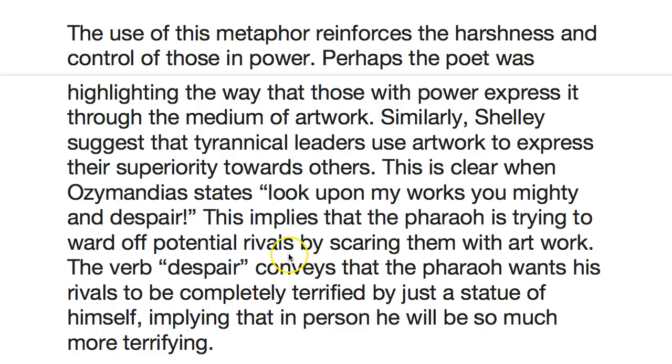So again, this is thoughtful rather than convincing in the top band. "The verb despair conveys that the pharaoh wants his rivals to be completely terrified by just a statue of himself, implying that in person he will be so much more terrifying." So that's beginning to be quite a well-developed point there, that he will be even more terrifying than his statue.